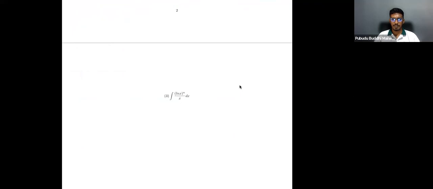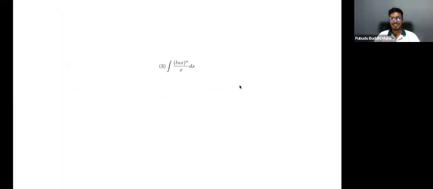Yeah. Now this third one, again, I think we can try this one. A general case of the previous two problems. To integrate this, again the same idea, 1 over x dx.